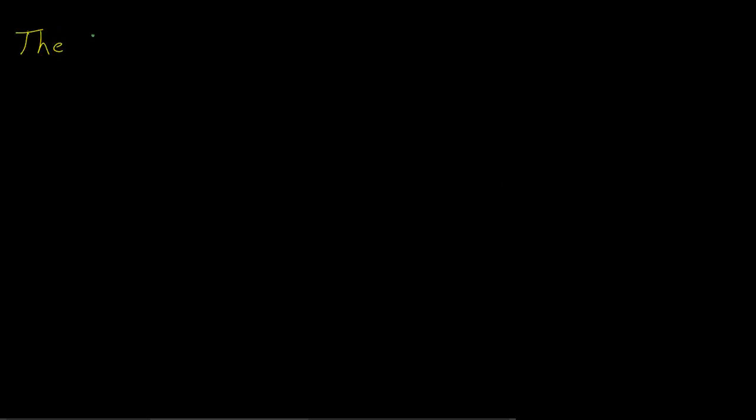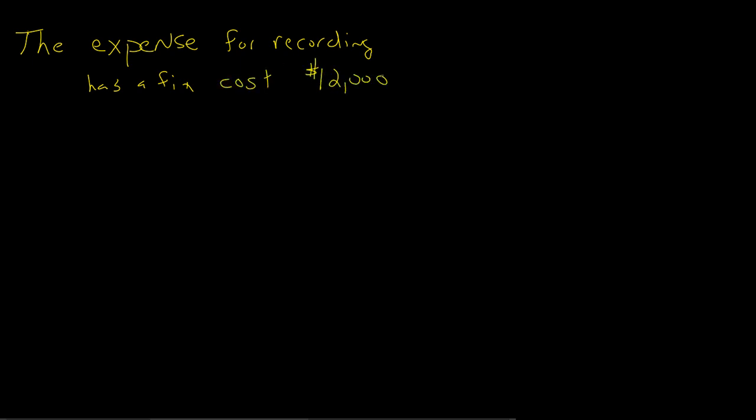So the expense, let me just read it out here as I write it. The expense for a band to master an album includes renting a music studio and hiring an engineer. So the expense for recording has a fixed cost of $12,000.